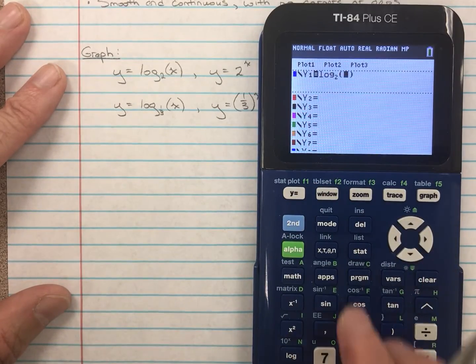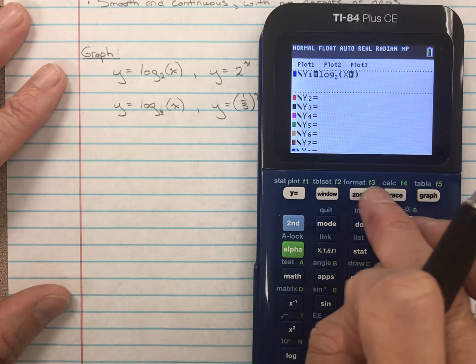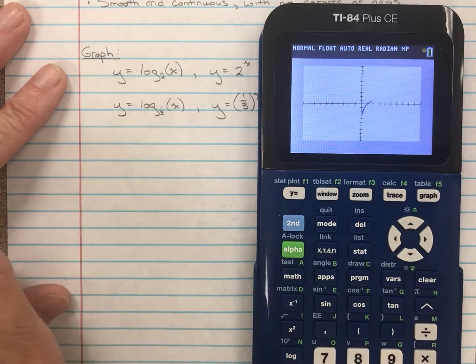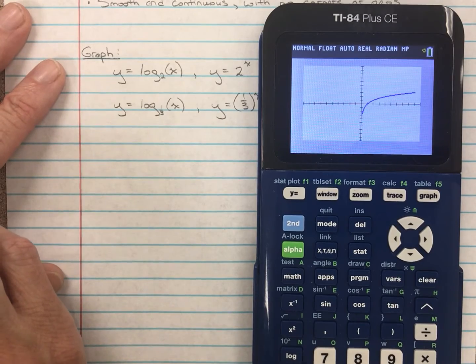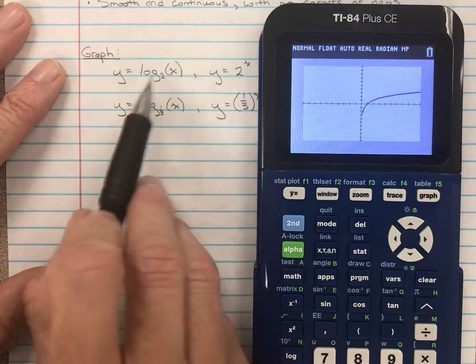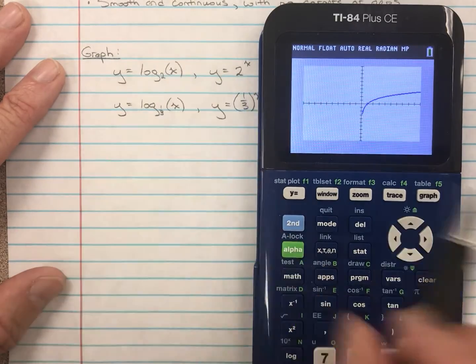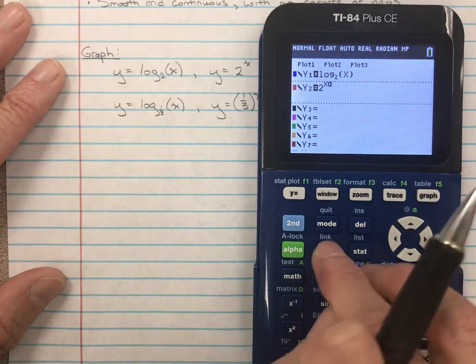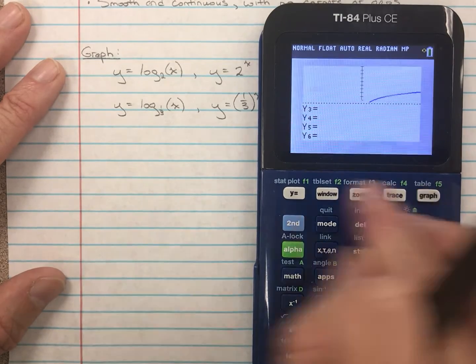I'll go to my standard window, and we know this is what it looks like. On the same graph, let's do 2 to the x, which is the inverse function. So y2 is 2 to the x, and I'll graph that.